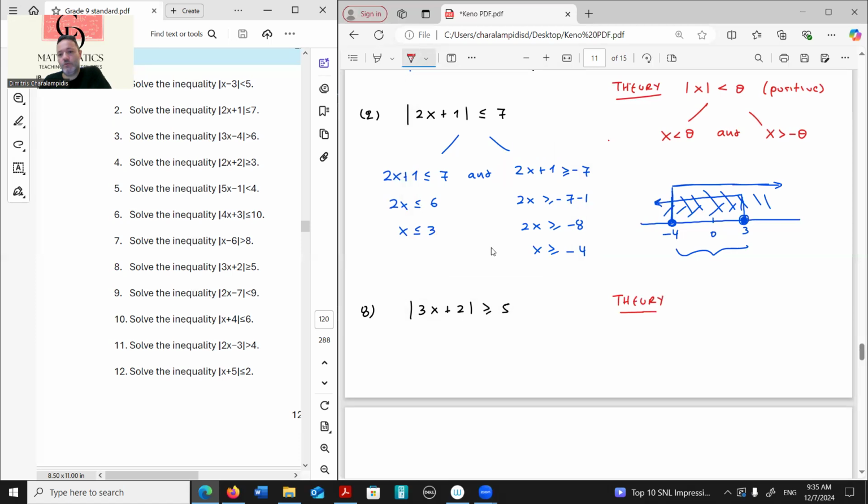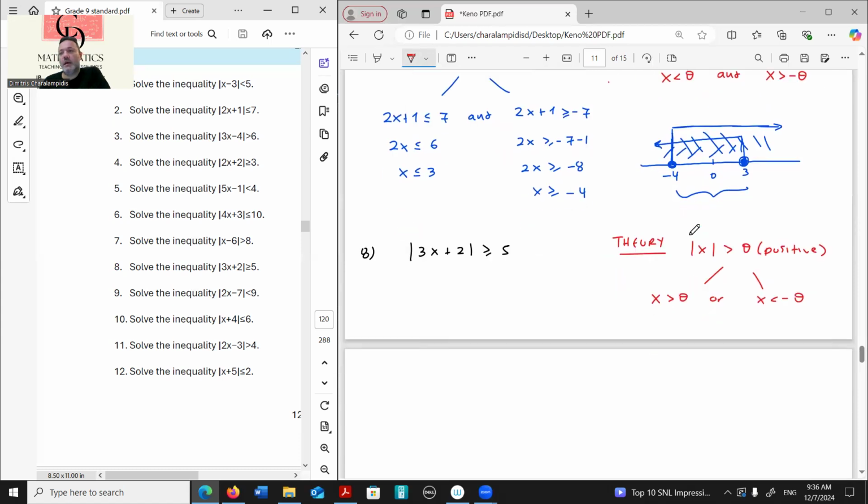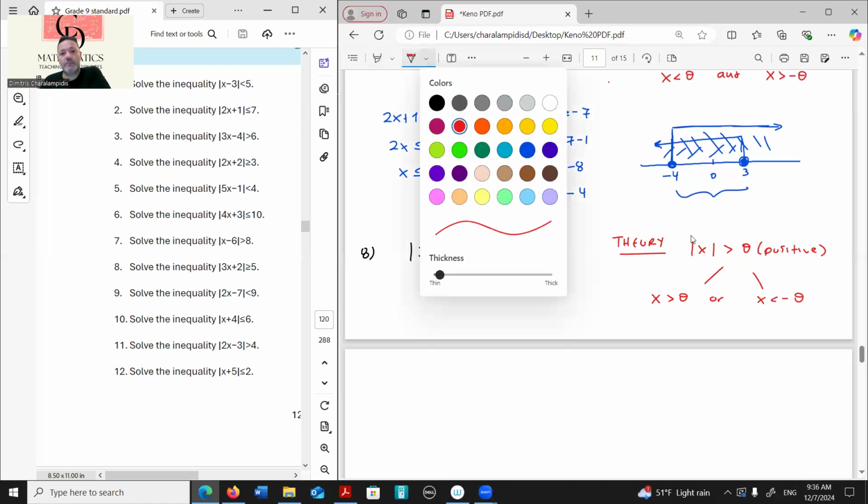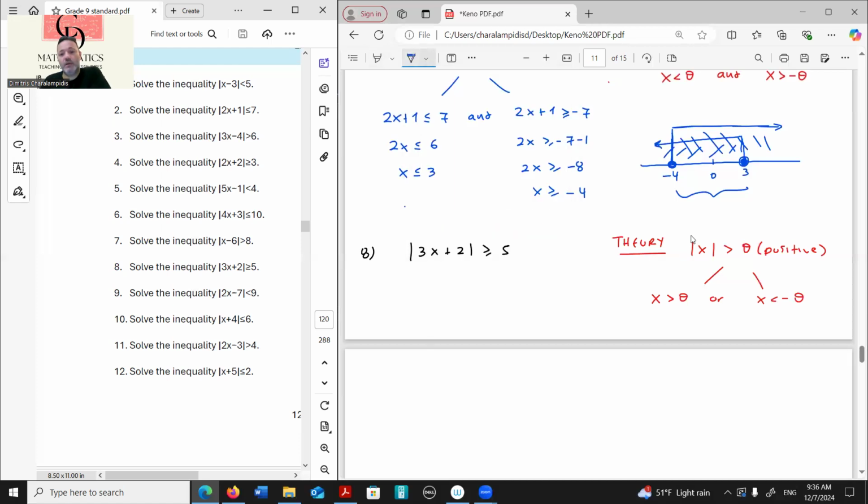From theory, we know that absolute value of something is greater than or equal from a positive number if x is greater than that or x is less than the opposite of it. And again, it's just about the expressions inside the absolute values.